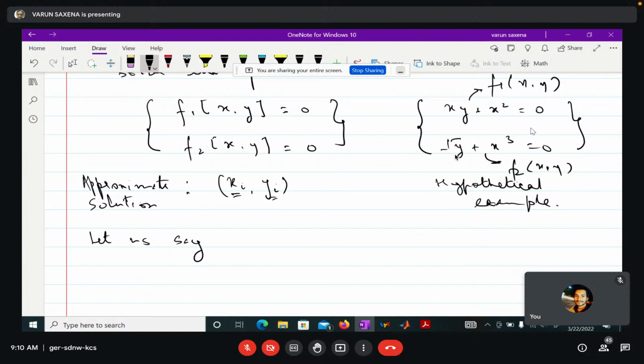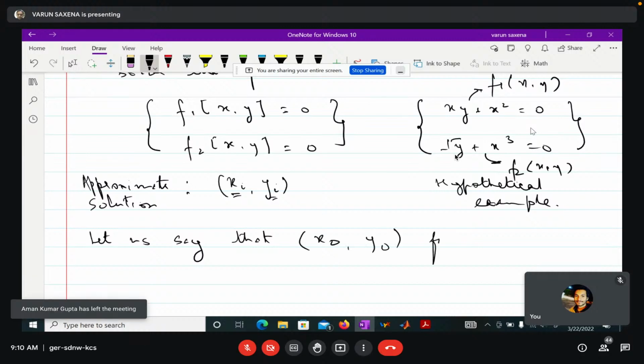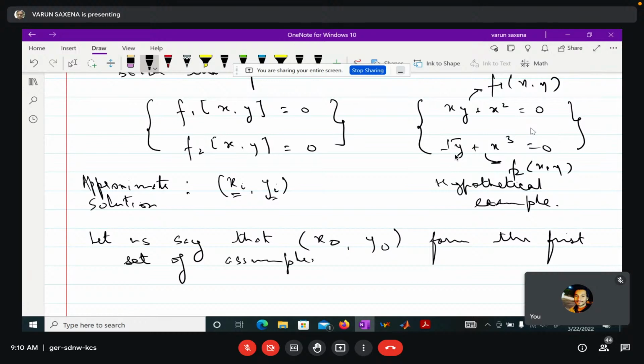Let us say that x0 and y0 is the set of assumptions, and let h and k be the small corrections.